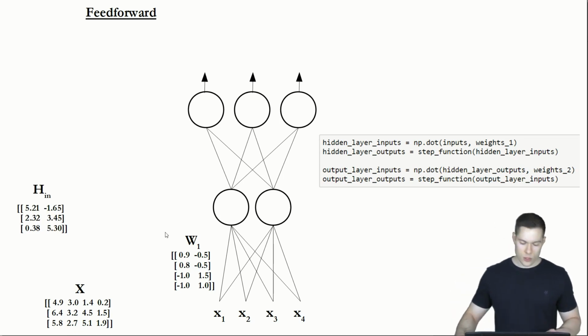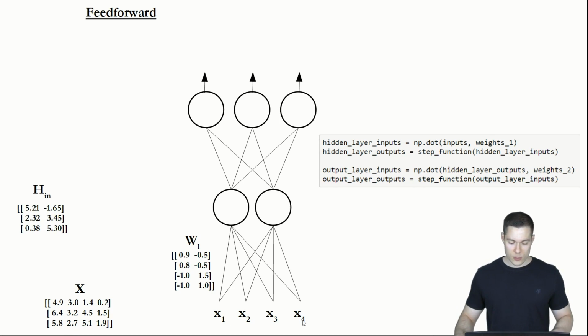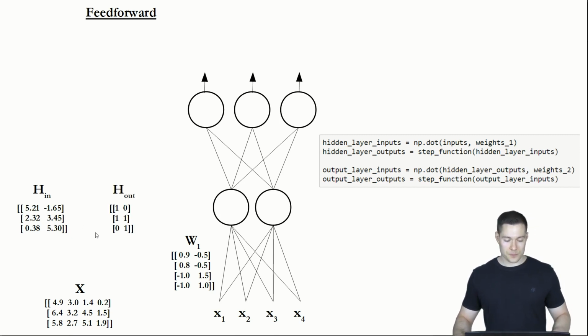So in the neural net, what we're doing is we multiply these inputs here with those weights to move from here to here. And then to move through the nodes from here to here, we simply apply our step function to this matrix.